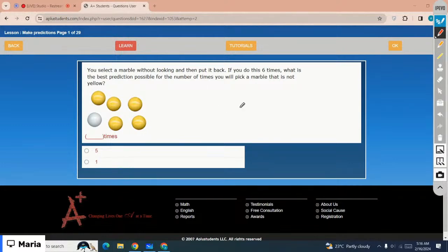That means the probability of not yellow is 1 over 6, right? Then you did that 6 times. So you need to multiply the probability of one time by 6, so 1 over 6 times 6, right? 6 and 6 cancel out. You have only, like, in 6 times, only one time you pick the white marble. Got it? Very good. The correct option is 1.